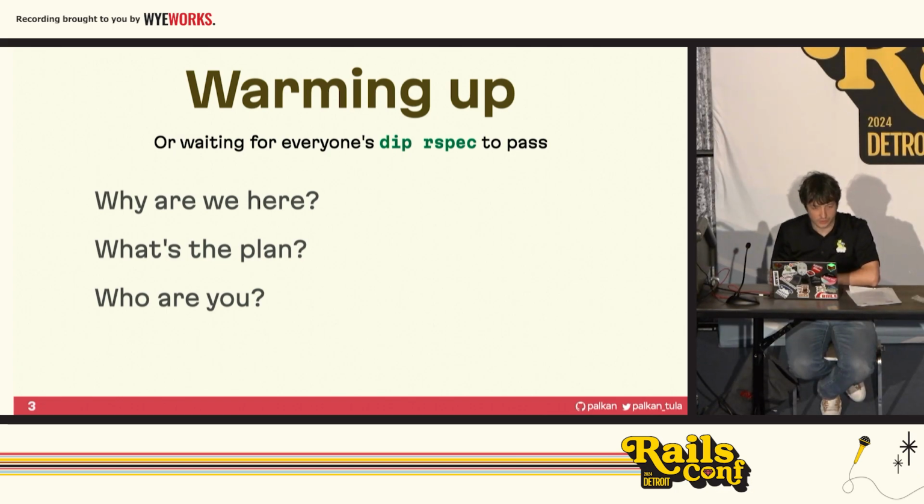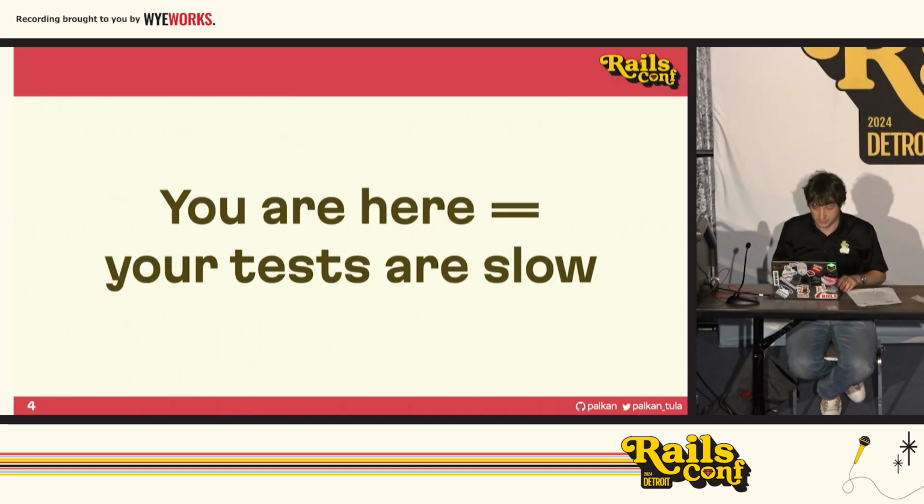While you're dealing with setup and running tests, let's talk about why we're here, first of all. I assume that if you came to this workshop, then you probably consider your application tests slow and you experience some problems with that. You wish they could be faster, either when you run them locally or on CI.